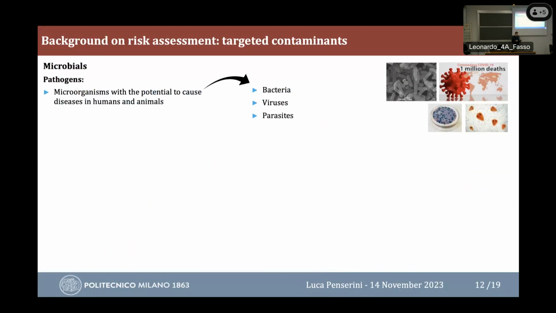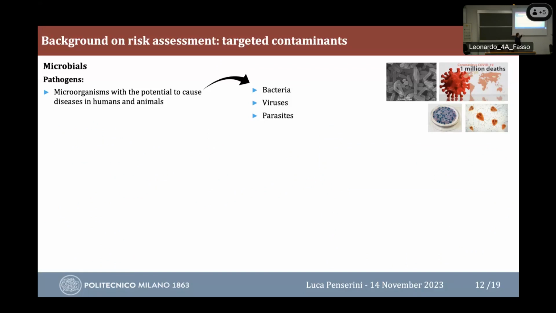On one side, the microbials, and among microbials, the pathogens. Many of you know them, but they could potentially cause diseases for human health, and they typically have acute toxicity, so the effect can be seen immediately after consumption.